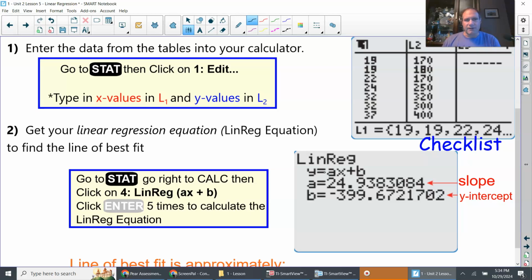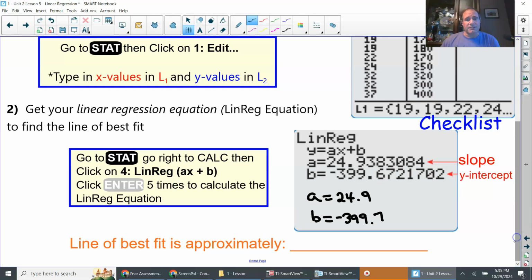Usually it says to round to the nearest tenth. So this one would be a equals 24.9, and then b equals negative 399.7, rounded to the nearest tenth. If they tell you to round to the nearest hundredth, obviously it's something different.